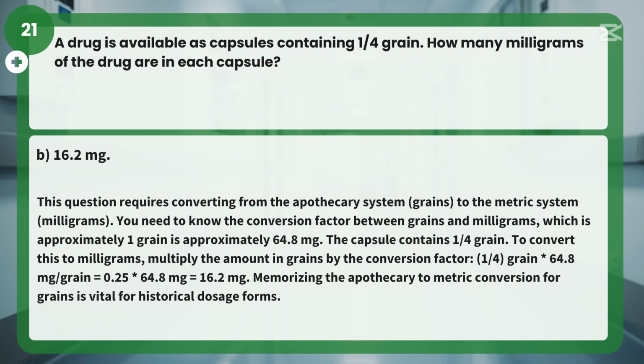To convert this to milligrams, multiply the amount in grains by the conversion factor. 1/4 grain * 64.8 milligrams per grain is equal to 0.25 * 64.8 milligrams equals 16.2 milligrams. Memorizing the apothecary to metric conversion for grains is vital for historical dosage forms.